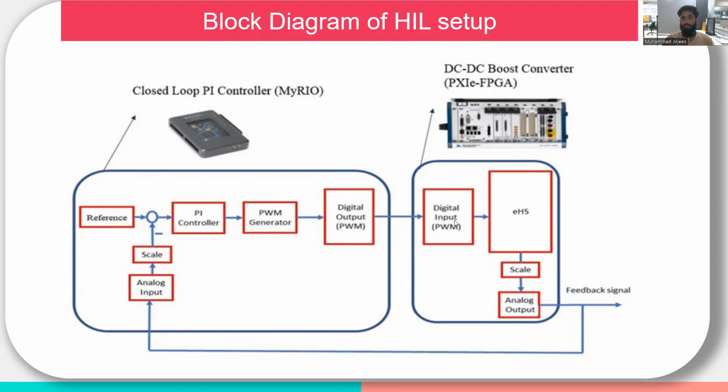The digital output pin of the PWM generator is fed to the digital input of the NI PXIe, and then it is fed to the EHS, electrical hardware solver, then it is scaled down and converted to analog output, which is then fed back to the analog input and scaled up, then compared with the reference and fed to the PI controller in order to generate the PWM signals.